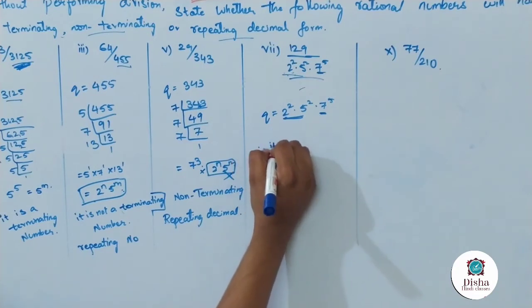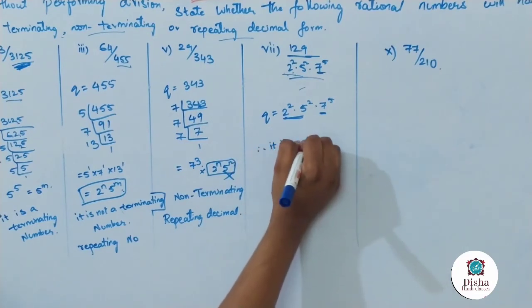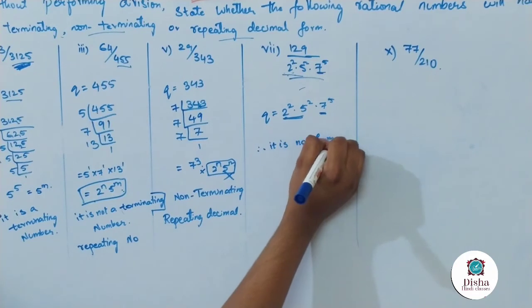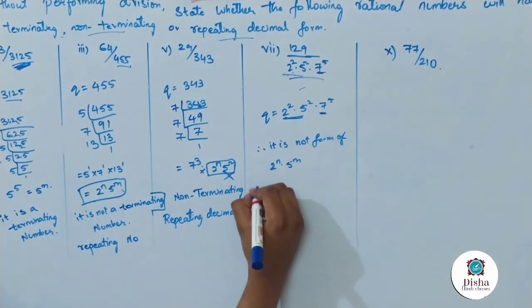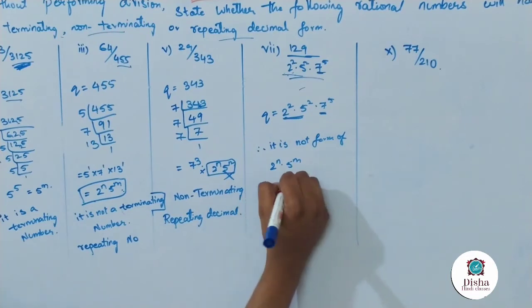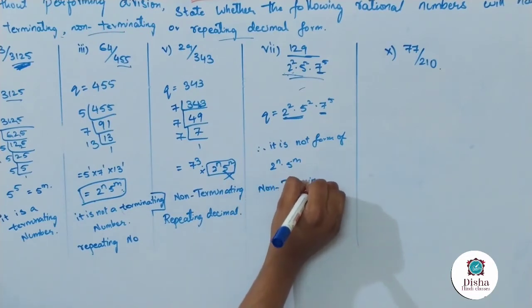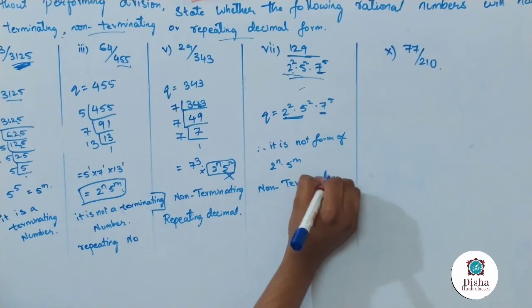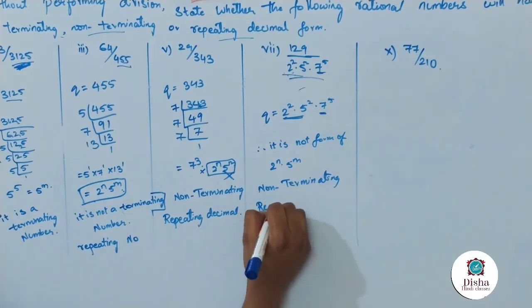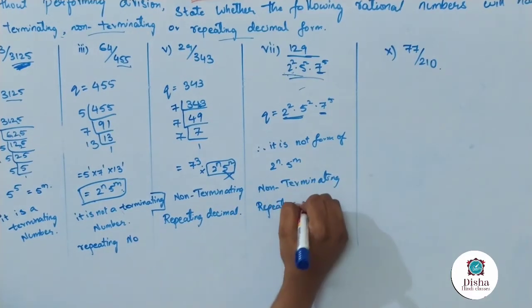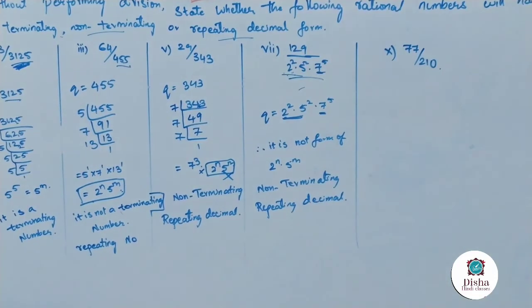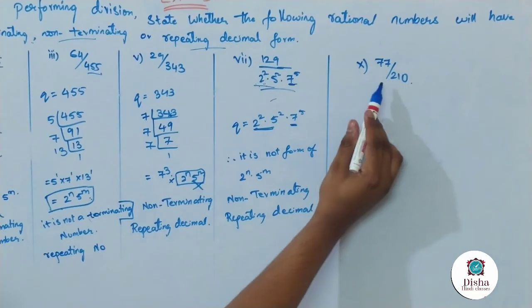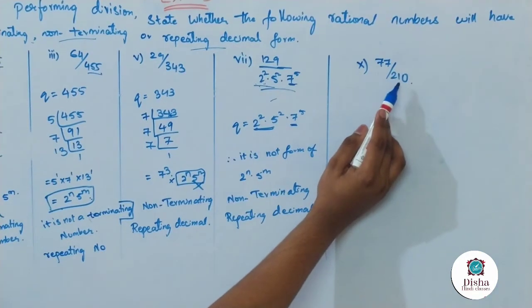Therefore, it is not in the form of 2 power n into 5 power m. So it is a non-terminating repeating decimal.